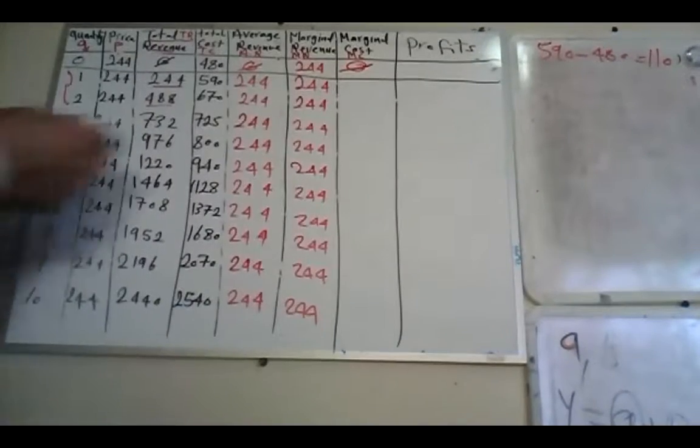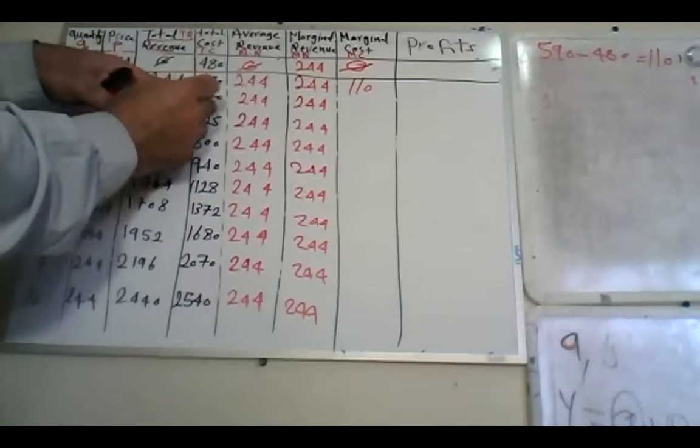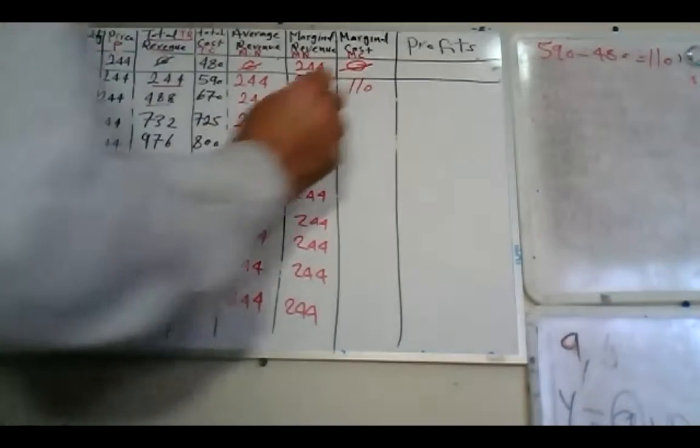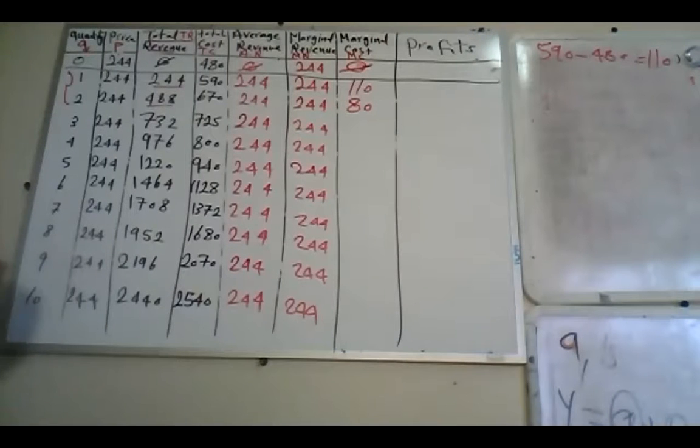Go for the rest of the column with the same work. Like now, we'll take 590 out of 670. This will give me 80. And so on for the rest of the column.